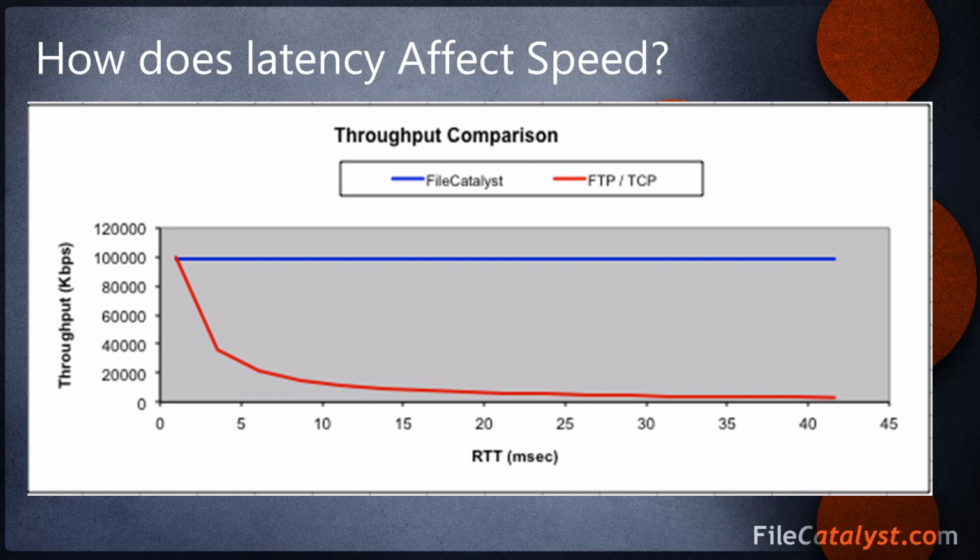As soon as you have 1 or 2, as you can see in this chart, it plummets down and continues to stay low. And you can also see that FileCatalyst maintains its transfer speed even as the RTT increases.